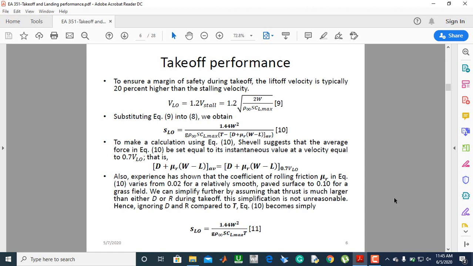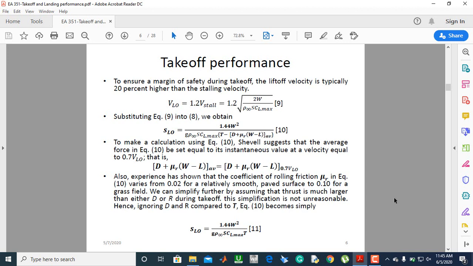So you can make a simplification where these two resistance forces are comparably insignificant to the thrust force. And if you do that, you end up with this equation, D plus the resistance force, you equate them roughly equal to 0, and you end up with this expression.